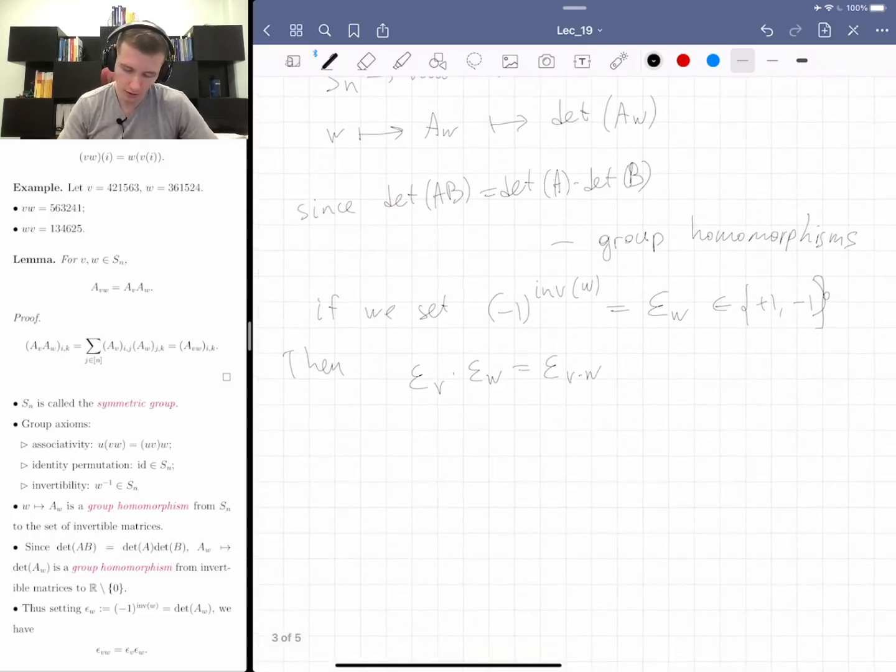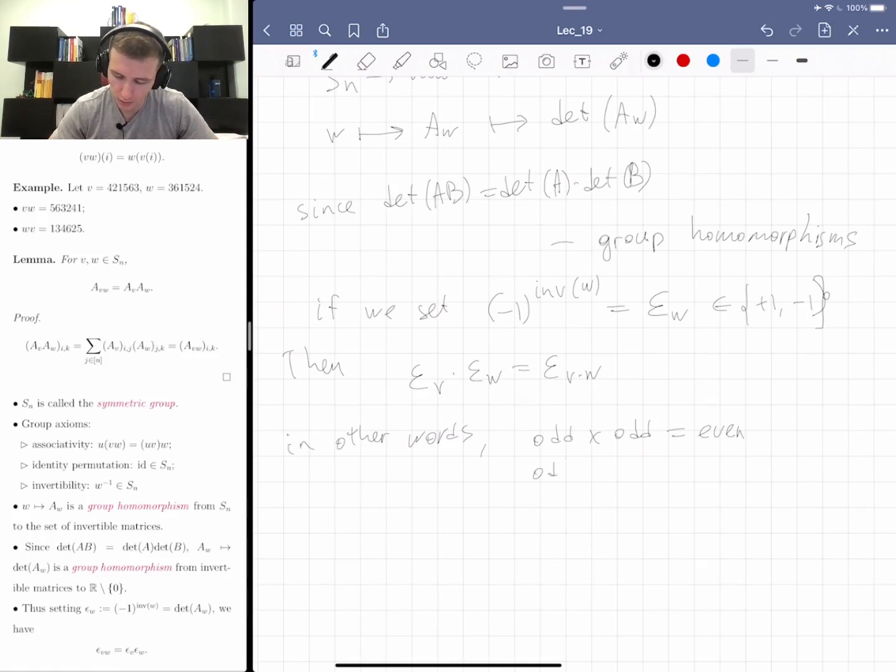In other words, if you multiply an odd permutation by another odd permutation, you get an even permutation.